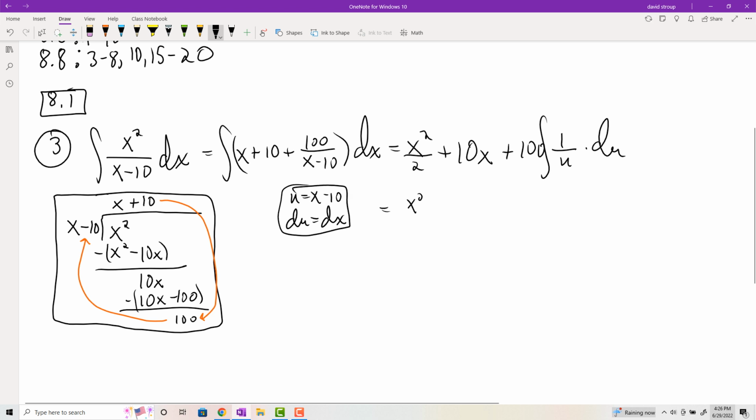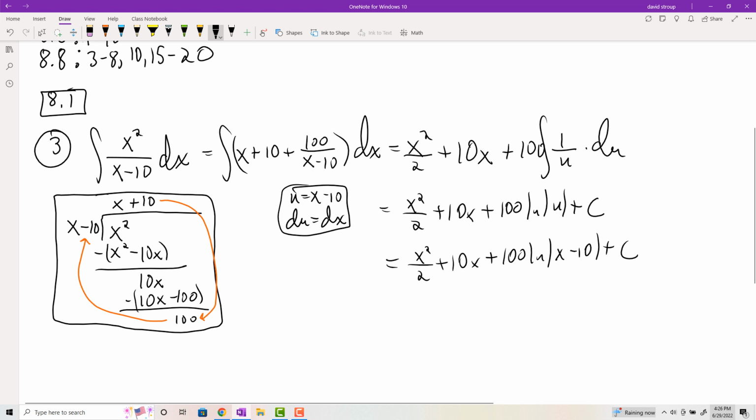So you have x squared over 2 plus 10x plus 100 ln absolute value of u plus c. Then you have x squared over 2 plus 10x plus 100 ln absolute value of x minus 10 plus c. Okay, so fairly simple.